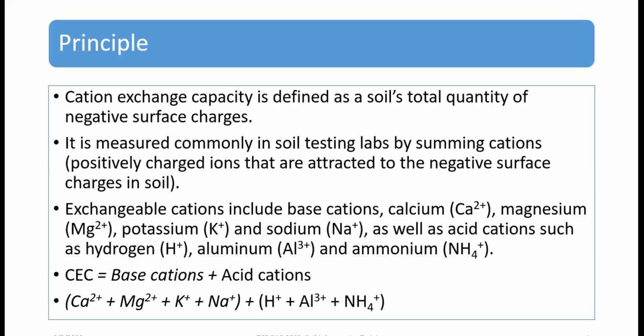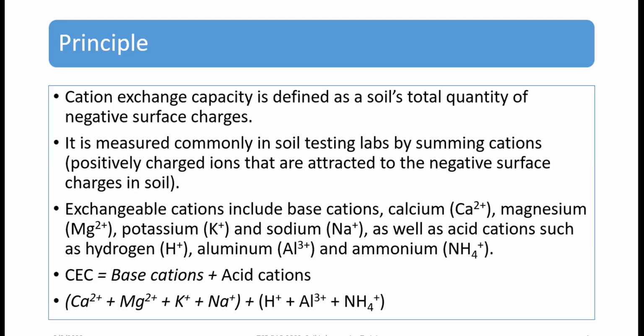Exchangeable cations in the soil are divided into two types: base cations and acid cations. The base cations, namely, are calcium, magnesium, potassium, and sodium. While the acid cations that develop acidity in the soil are hydrogen, aluminum, and ammonium.